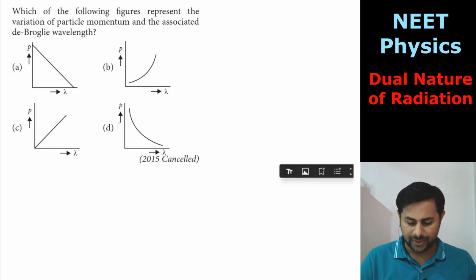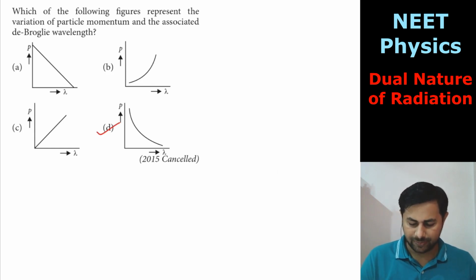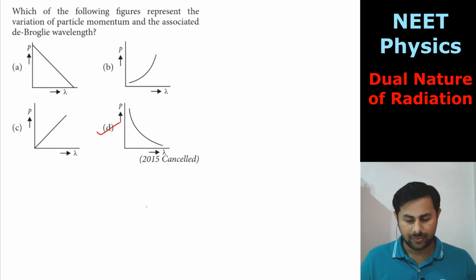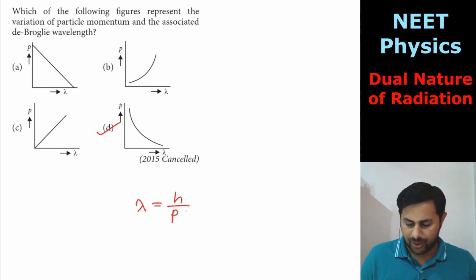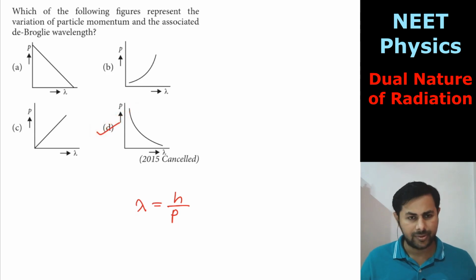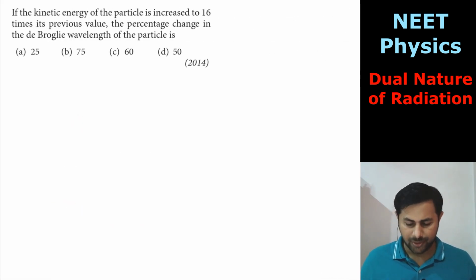So option D. That's very simple, right? Lambda equals h by p, or p is inversely proportional to lambda. That's why option D. Okay, good.